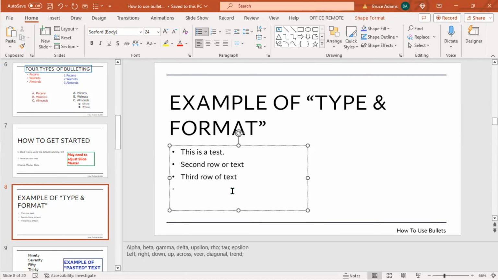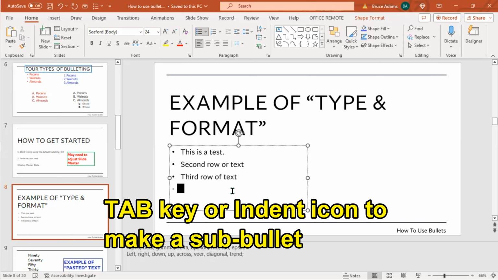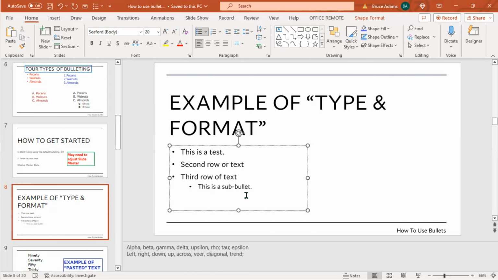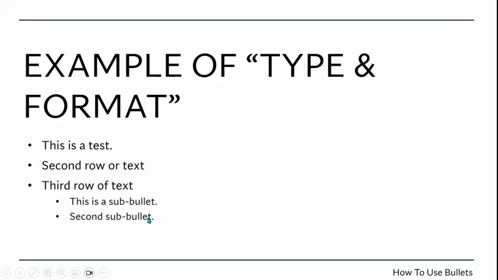Now, when you want to have a sub bullet, you need to hit the tab key to get a sub bullet. And we'll show you how you can change these from round bullets to something else. So when you go back to slideshow mode, that's how it's going to look.